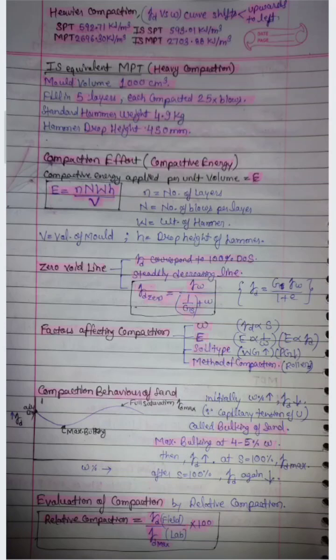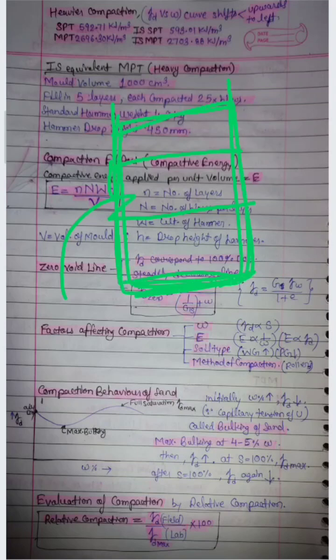Now compaction effort or compactive energy. So we take the mold, then we fill the soil in it in layers 1, 2, 3 after giving compaction to each layer. Then we get this type of ready sample, then we remove the mold, we get the soil sample, we measure its unit weight. So we know the bulk unit weight, we know the moisture content.